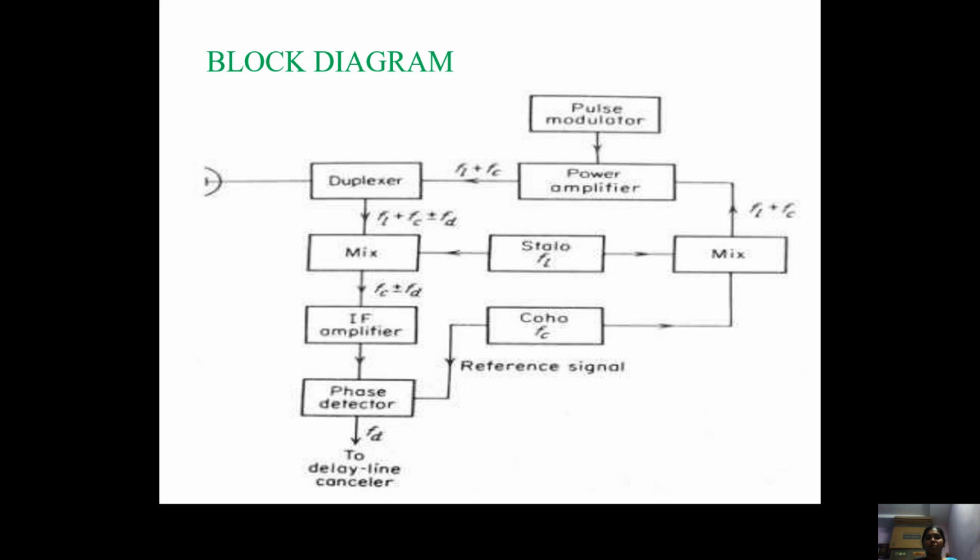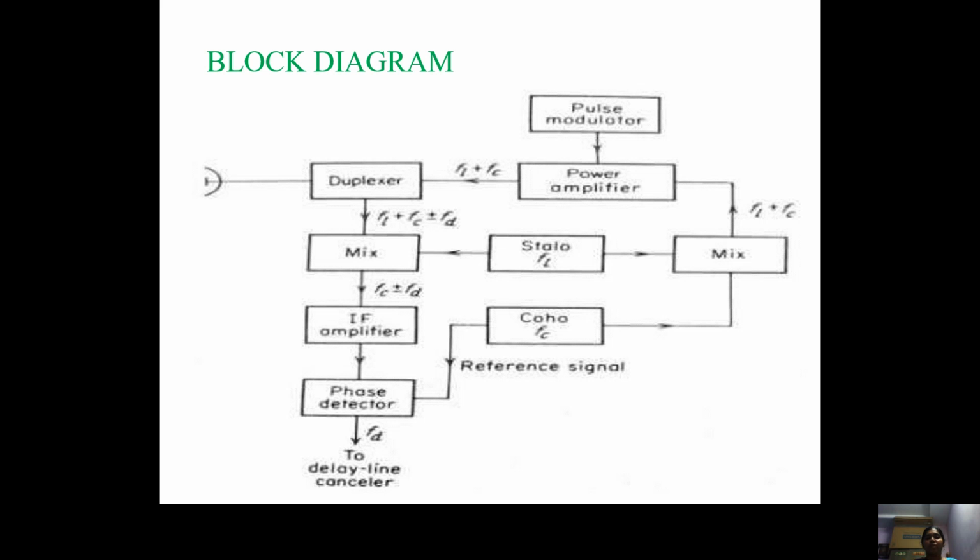Now, the received echo signal which has the combination of these three frequencies, and the transmitted signal generated by the stable local oscillator, the STALO, having the frequency FL, will be given to mixer 2.